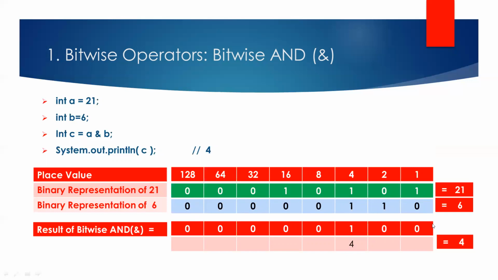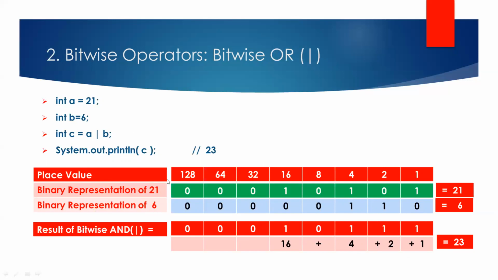Now perform the AND operation. Look at here, 1 and 0, both are not same, so we get 0. 0 and 1, we get 0. 1 and 1, sure, it is 1. Now 0 and 0 is 0, 1 and 0 is 0, and 000. So this is the AND operation. Now this result will be converted into the equivalent decimal, and if we convert this value, we get the result as 4. So this is the way the bitwise AND operator performs the operation.